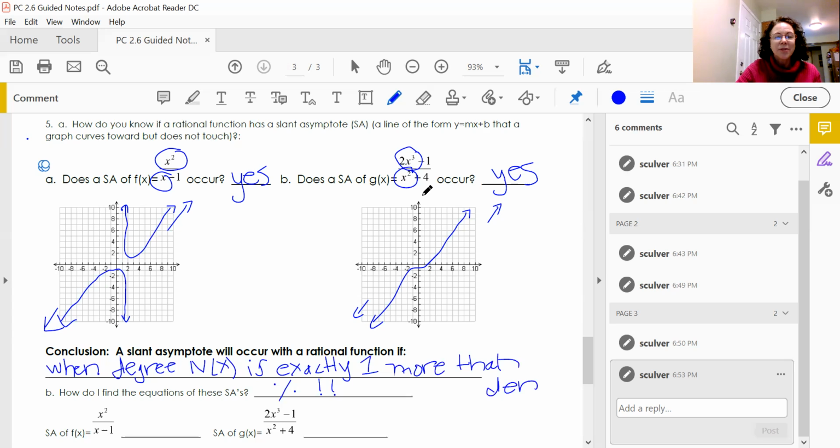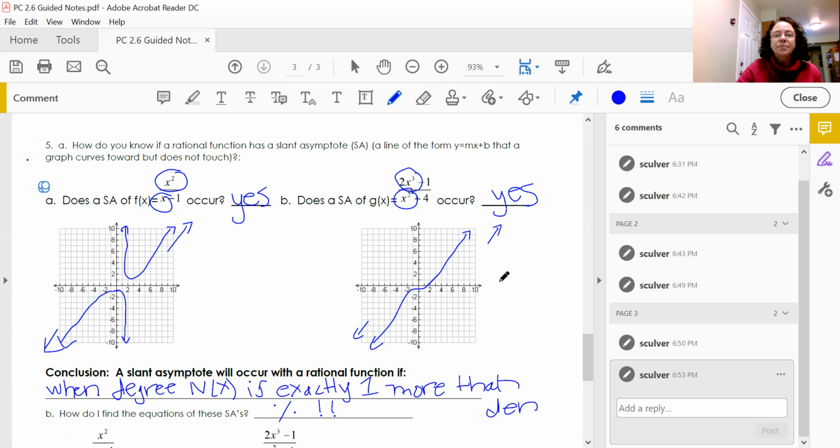But because we just need the slant asymptote y equals mx plus b, we do not need a remainder. Let's go ahead and do the division, and our quotient will be the y equals mx plus b we're looking for.